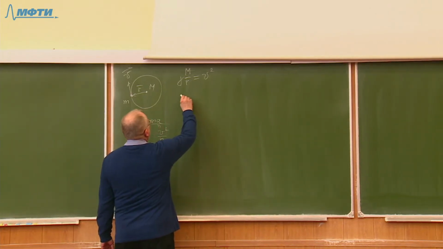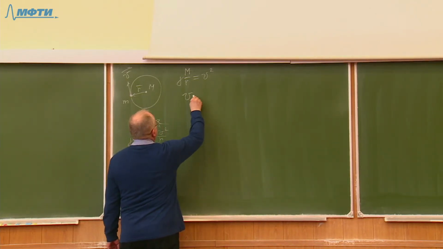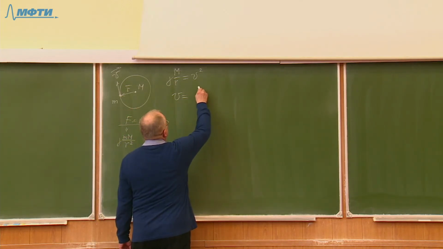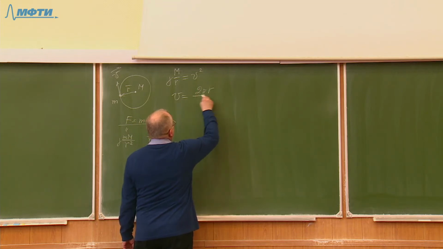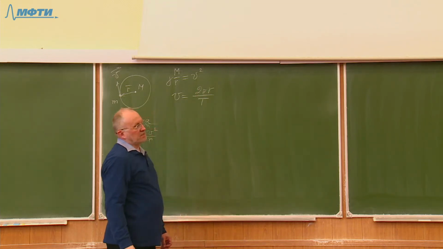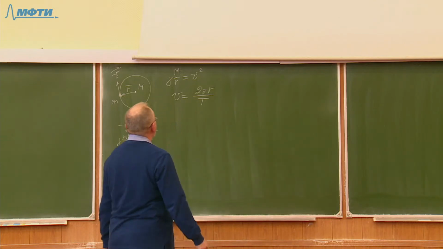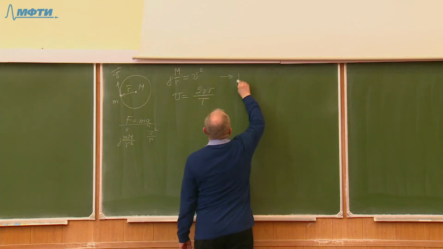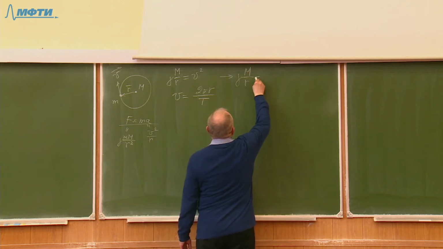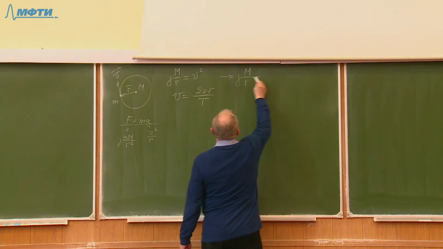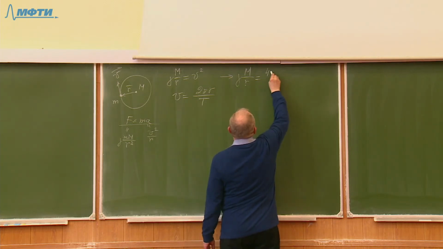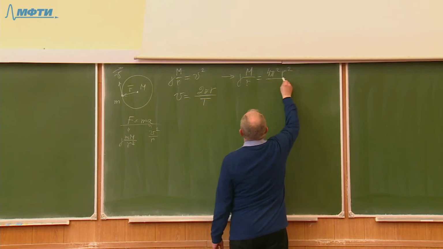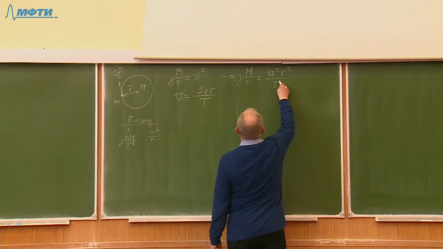If we recall that velocity is the length of the orbit, that is 2 pi r, divided by the period of revolution, then we obtain that gamma capital M over r is equal to 4 pi squared radius squared over T squared.